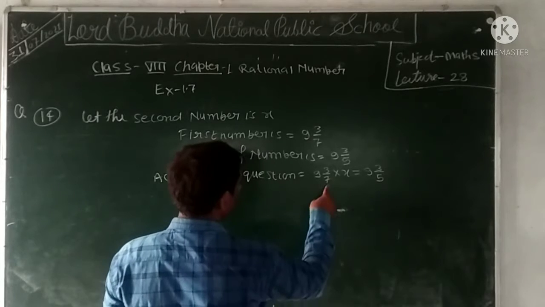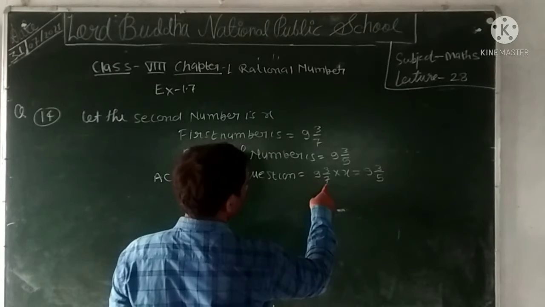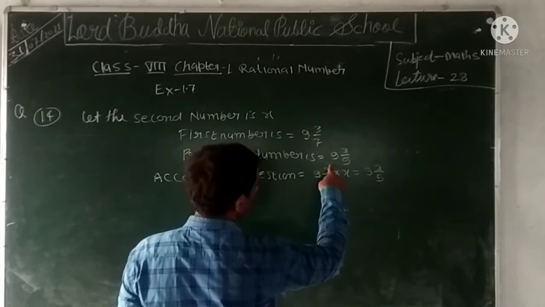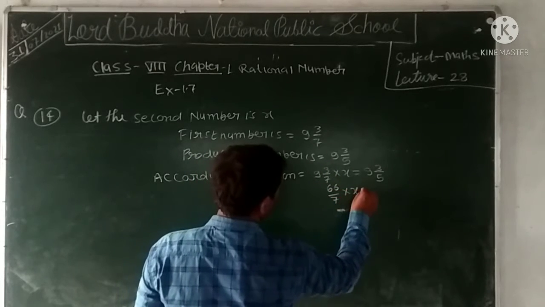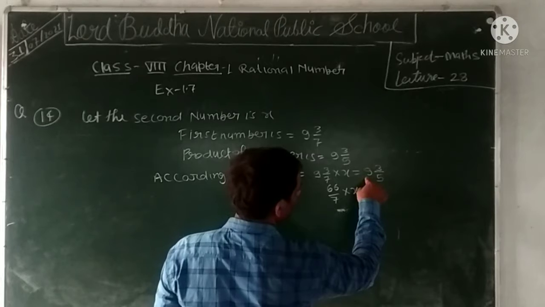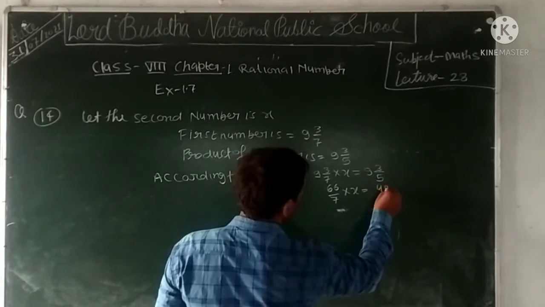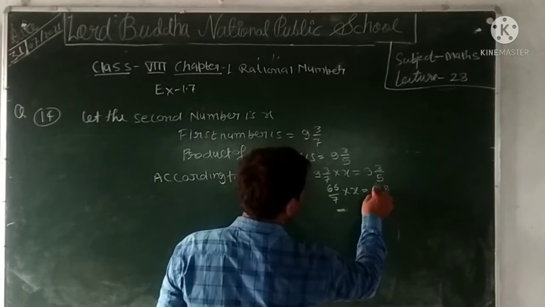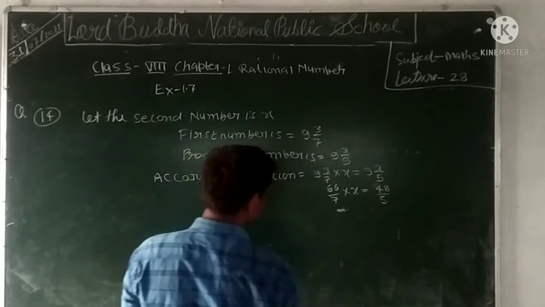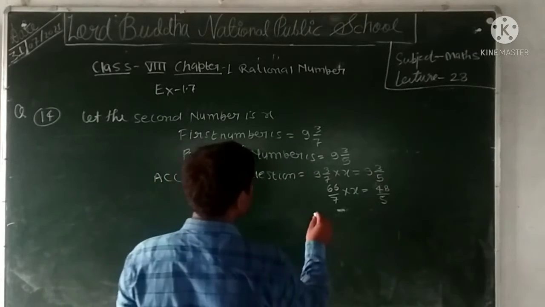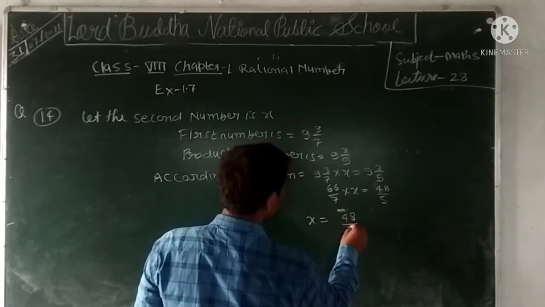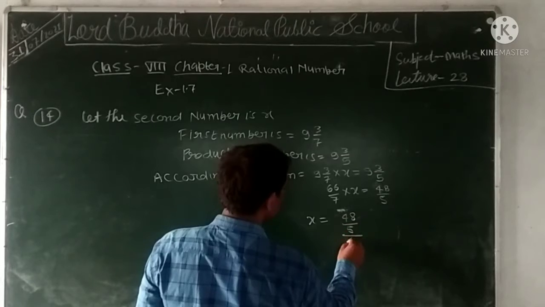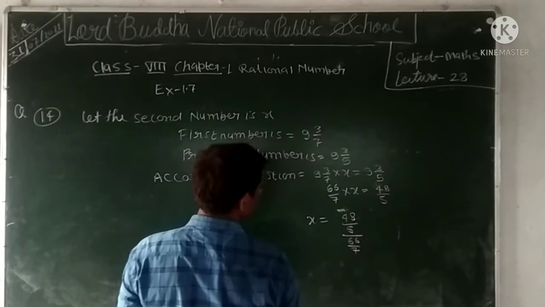Okay? Now 9 times 7 is 63, plus 3 is 66. So 66 upon 7 into x equal to 5 nines are 45, plus 3, 48 upon 5. Okay? Now we have to find x equal to 48 upon 5 divided by 66 upon 7.